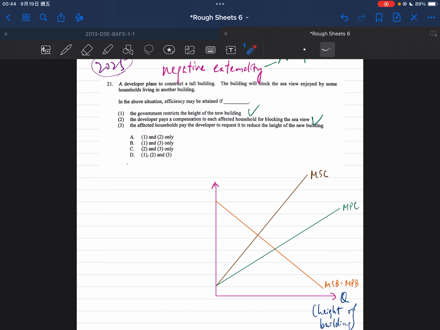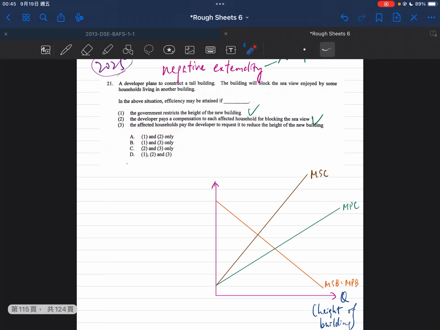The last one: the affected households may pay the developer to request a reduction in the height of the building. For this scenario, the developer has the right to build such a high building, so the affected households have to pay the developer, asking them to shorten the building so that they can enjoy the beautiful sea views.